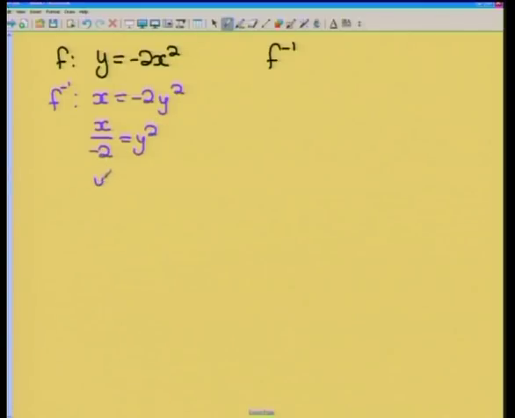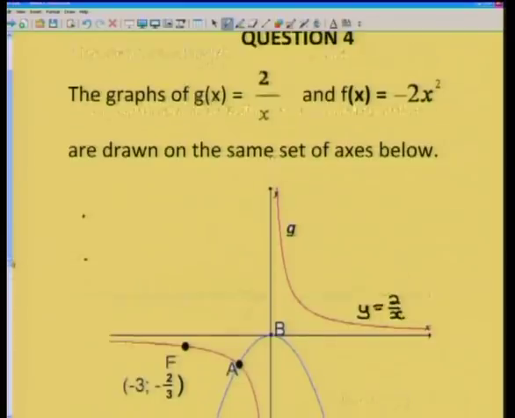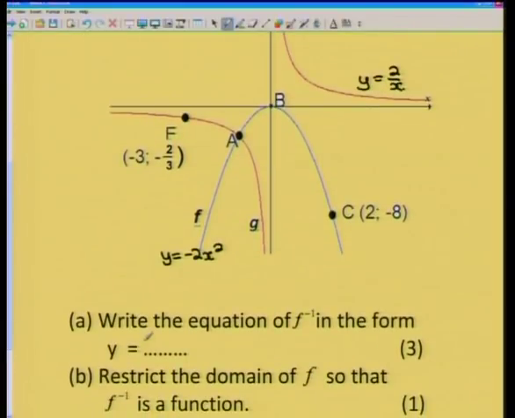So to do that, we're going to say y is equal to plus or minus the square root of minus x over 2. All right, going back to our previous page and filling in what we found, we've got y is equal to plus or minus the root of x over minus 2, or minus 2 over root x.